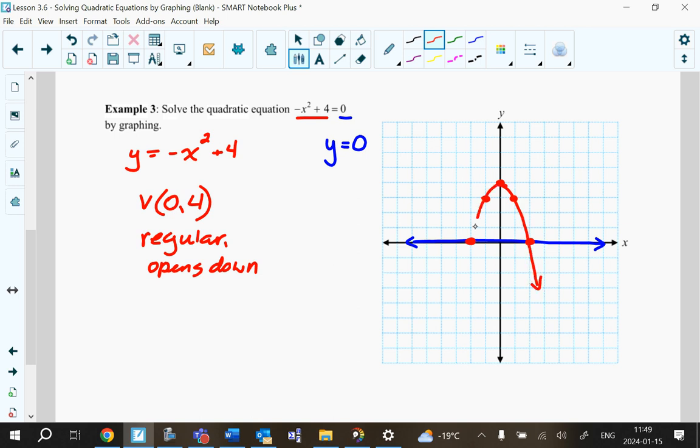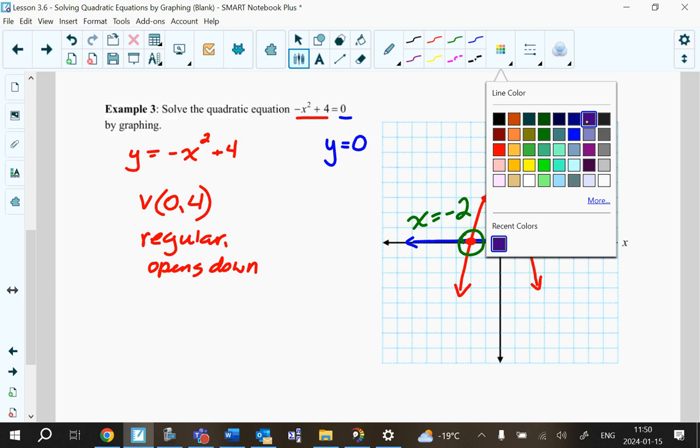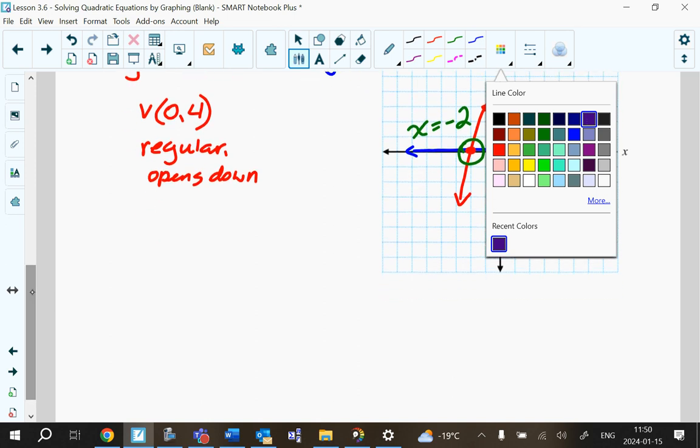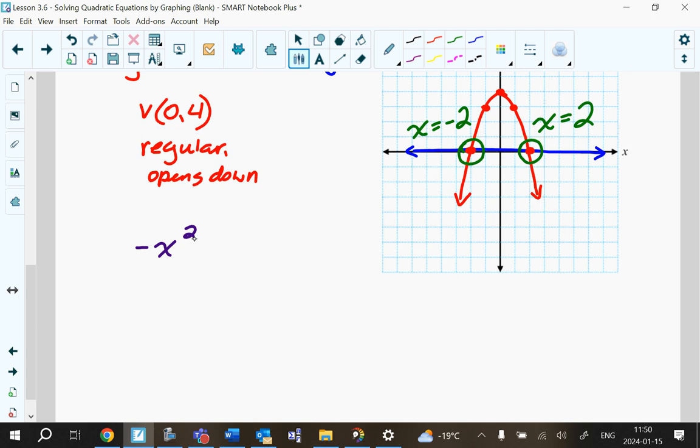There are 2 solutions: x equals 2 and x equals negative 2. You'll see that if I was to solve this algebraically, is there an x term?